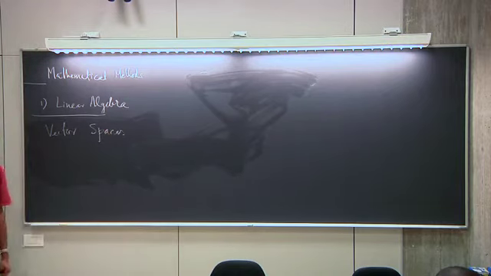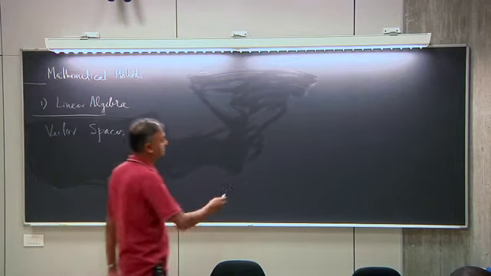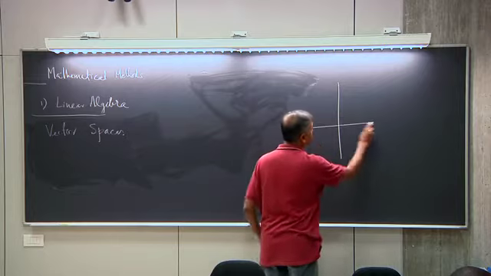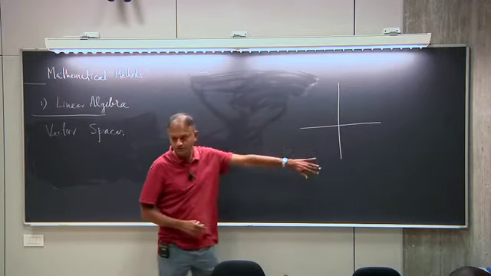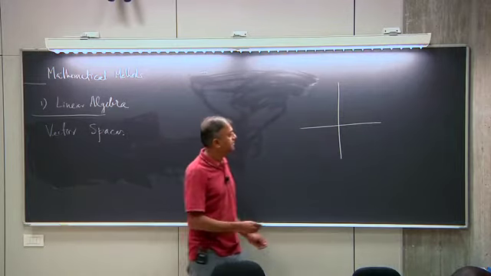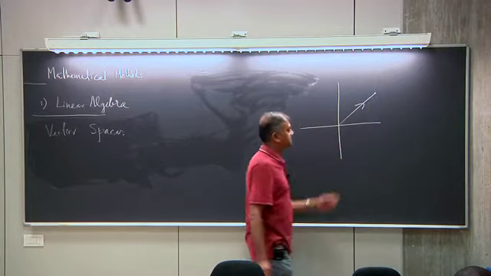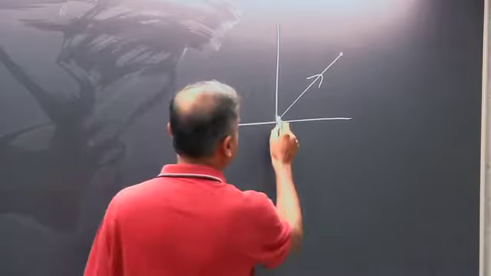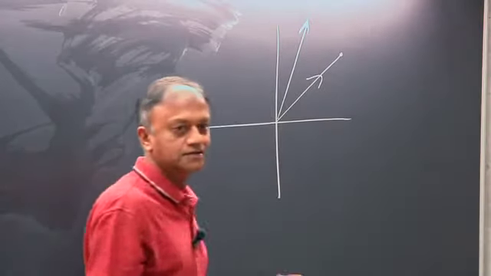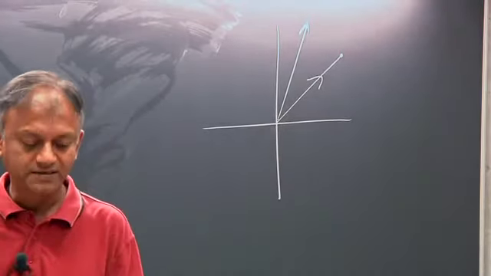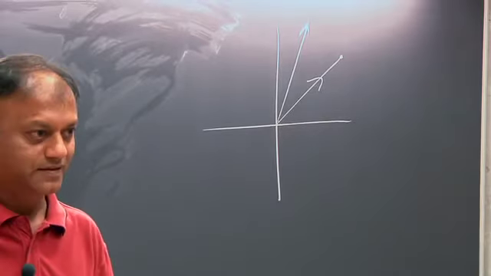Now, you are all familiar with vectors, right? So consider, for example, two-dimensional space. The blackboard is a two-dimensional plane, right? Here, for example, this is a vector, and this is another vector. These are all vectors. So vectors have what? Vectors have a direction and a length, right?